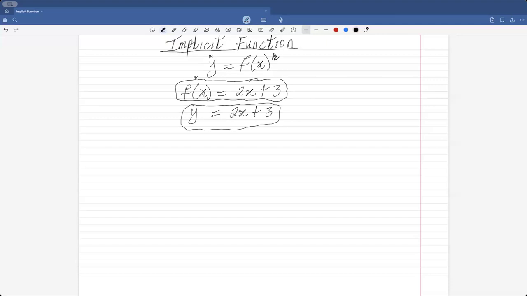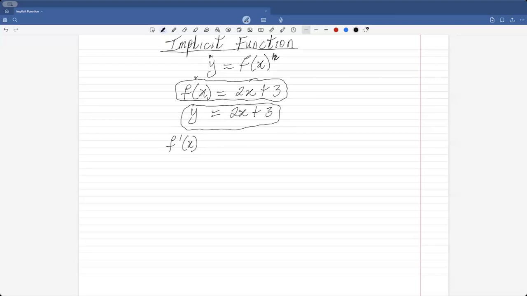So if we are given this function here, remember that they are the same function, and we are told to find the derivative of this function. In my previous video, I've been using the notation f prime of x to find the derivative of any function.